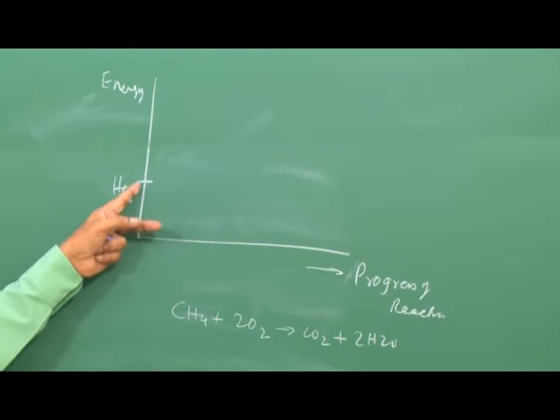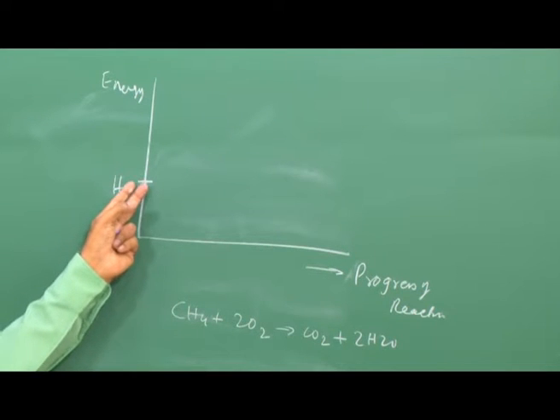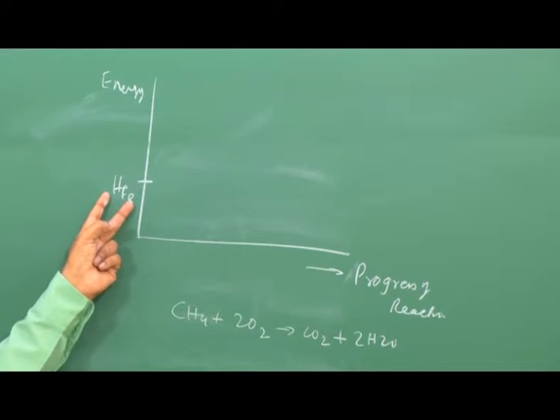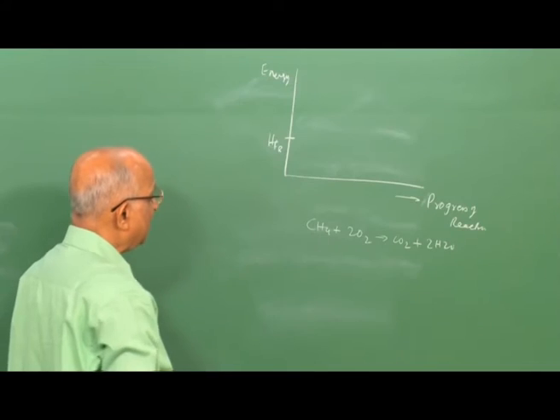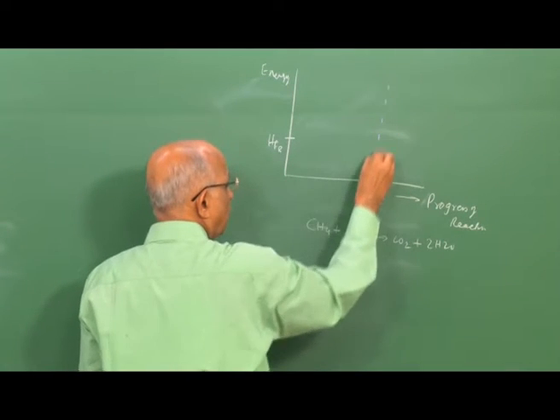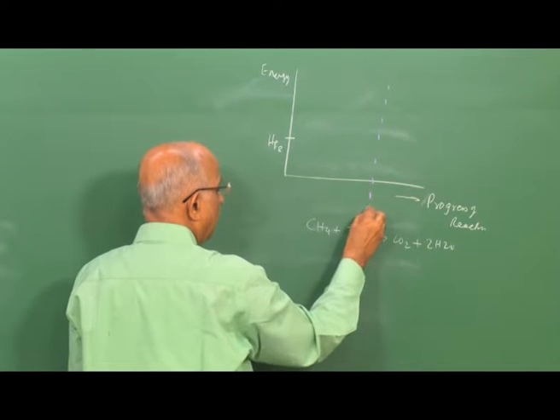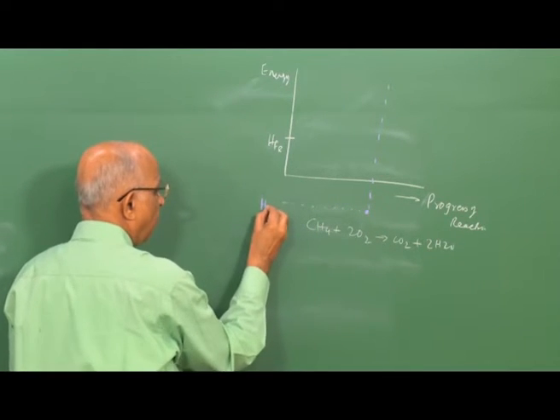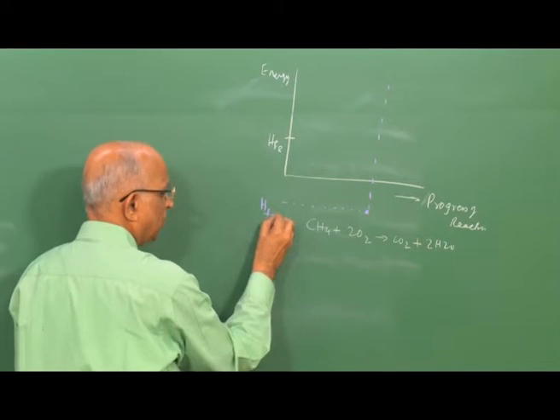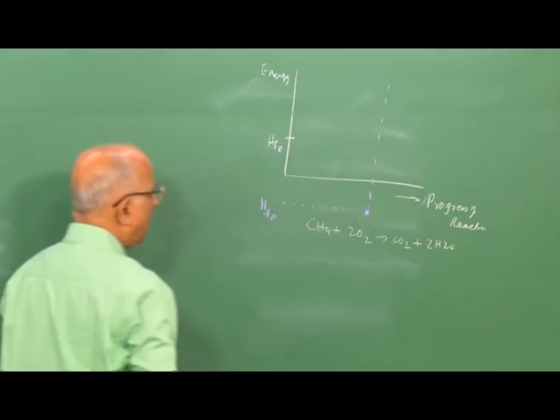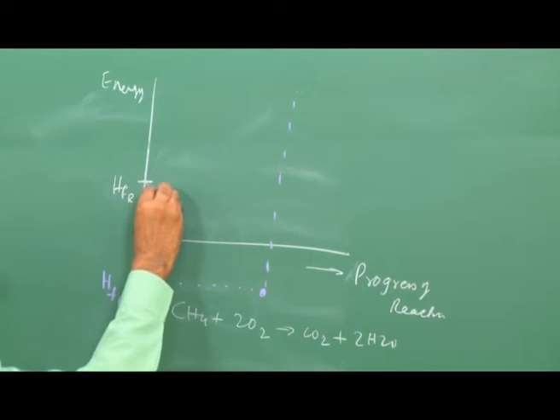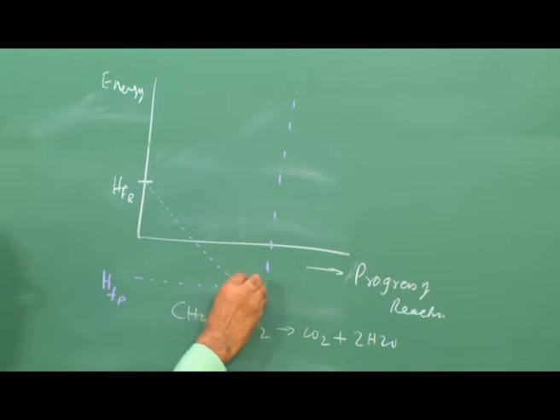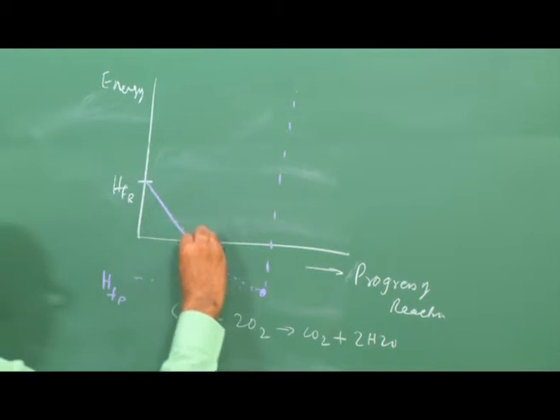Initial energy is the value of the reactants what we have, total heat of formation of the reactants. Once the chemical reaction is over, the energy could be over here, energy of the products, heat of formation of the products. From reaction it comes to this, this is the way the reaction progresses.